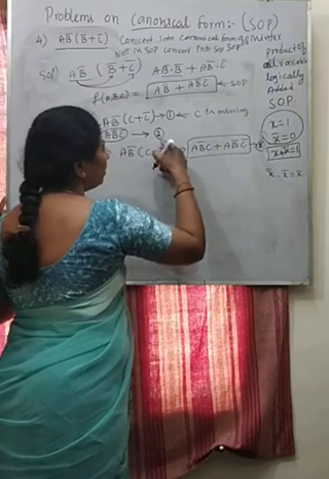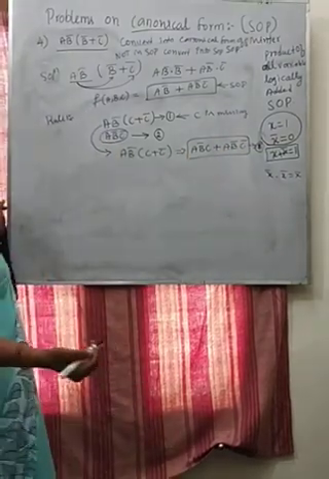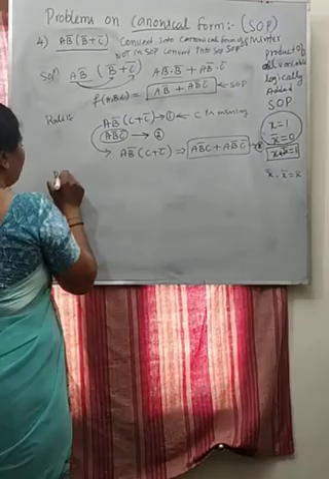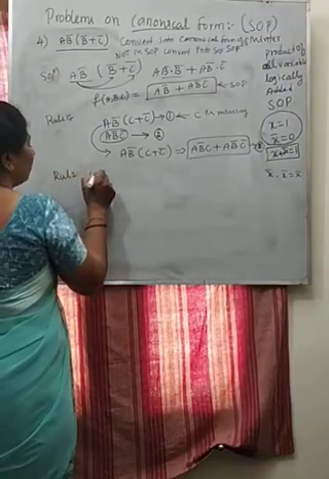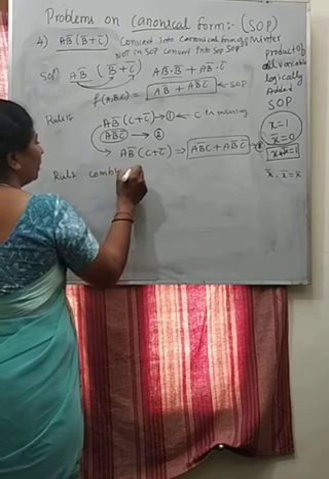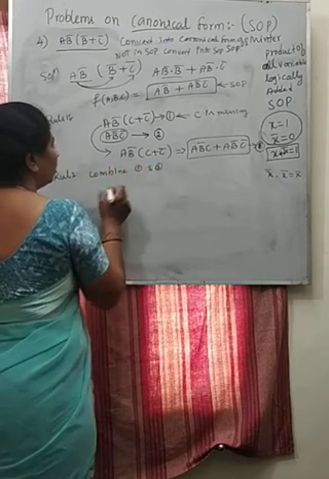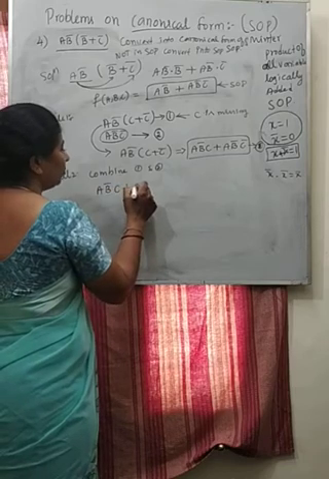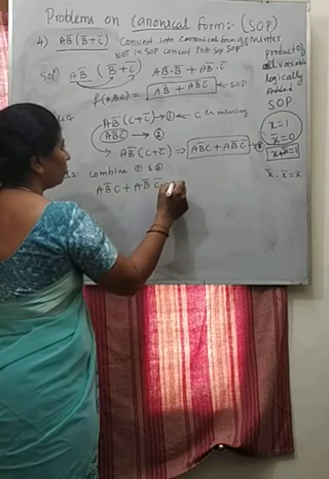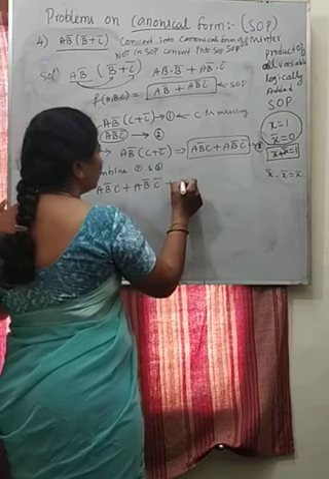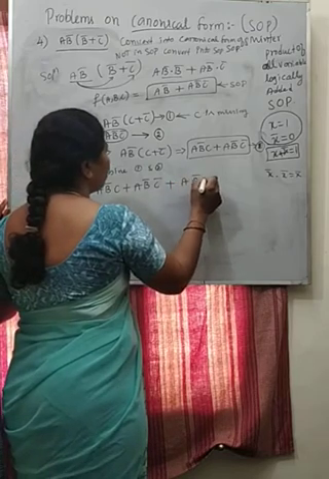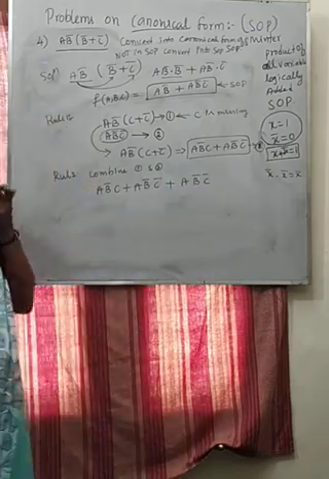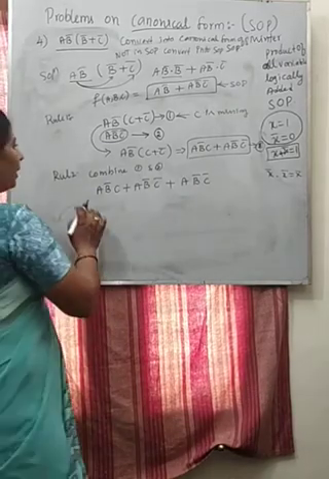Second equation, all the variables are there, so no need to distribute it. Then apply your rule 2. Combine equation 1 and equation 2. According to equation 1, AB complement C plus AB complement C complement, plus the second term AB complement C complement. Okay, we have combined now.